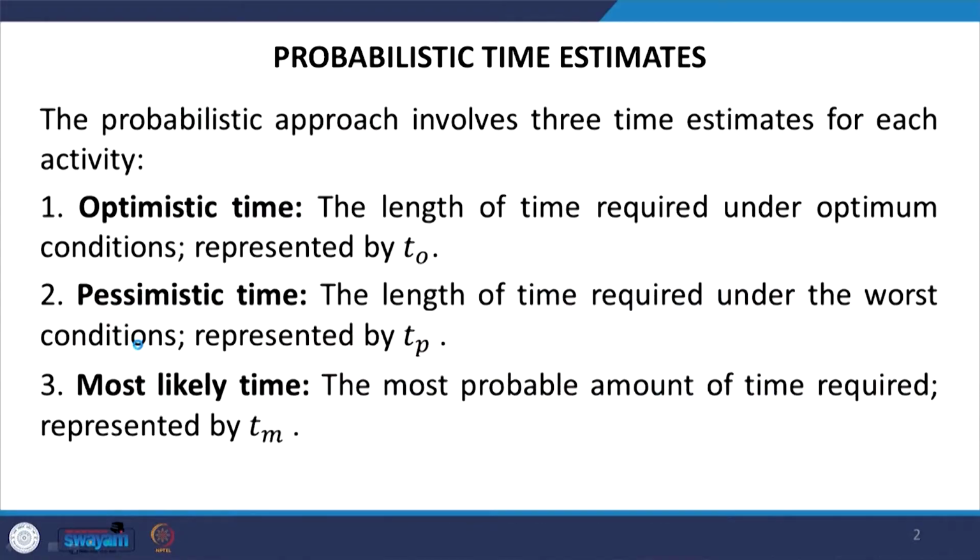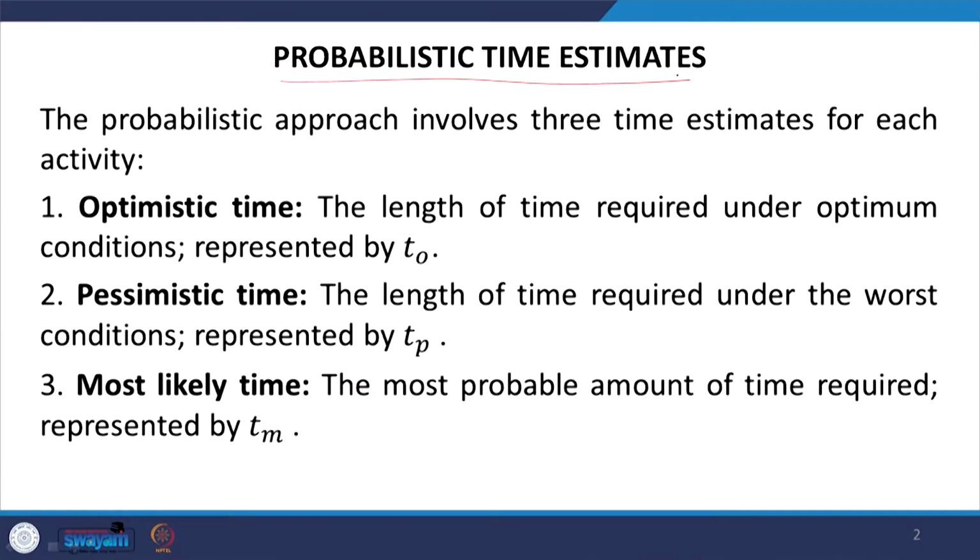That is the title of the session, and as we progress you will understand the meaning of PERT and crashing. So, let us start the discussion of different time estimates, that is, probabilistic time estimations.